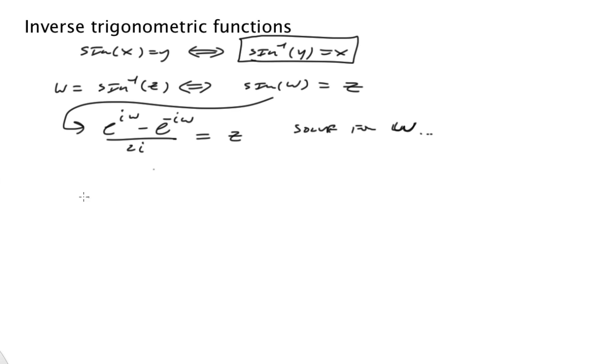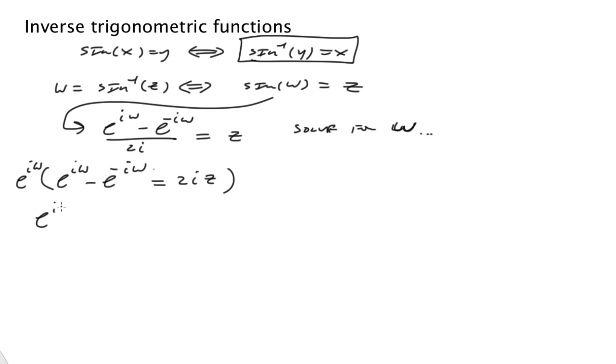Okay, so let's do that. How do we solve it? Well, we're just going to start doing our best. e to the iw minus e to the negative iw is equal to 2iz. I'm sorry, those aren't omegas, those are w's. Next thing I'm going to do is multiply everything in this equation by e to the iw.